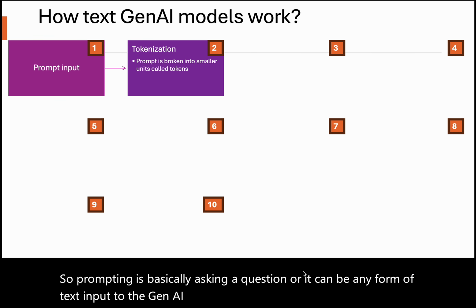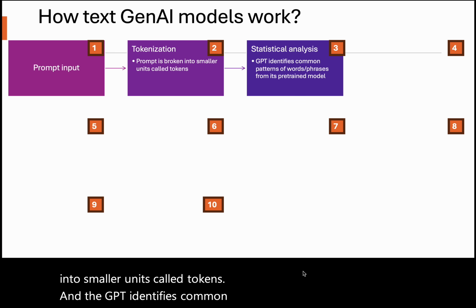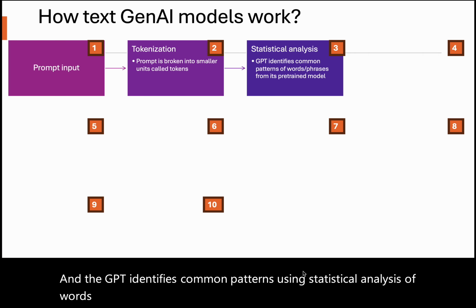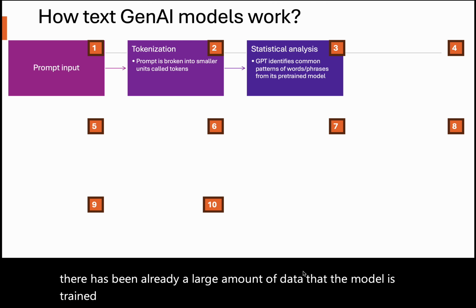Following that, the prompt is broken into smaller units called tokens. And the GPT identifies common patterns using statistical analysis of words and phrases from its pre-trained model. Pre-trained means there has already been a large amount of data that the model is trained on. So that's what it compares the prompt to.